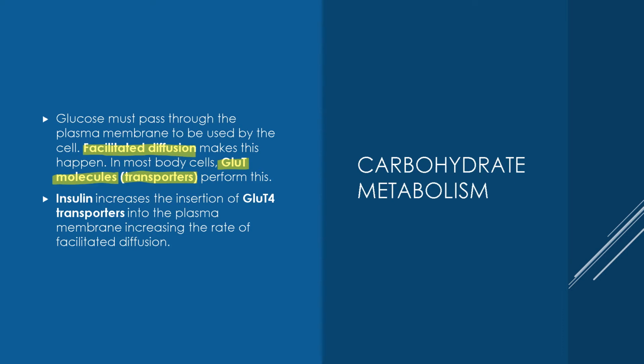Now, a high level of insulin will increase the insertion of one type of GLUT molecule called GLUT4 into the plasma membrane of most body cells. So this will increase the rate of facilitated diffusion of glucose into cells.